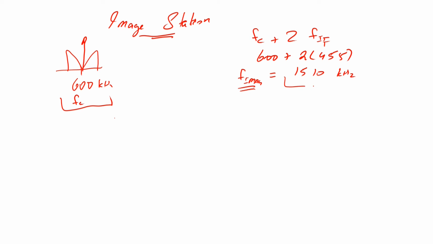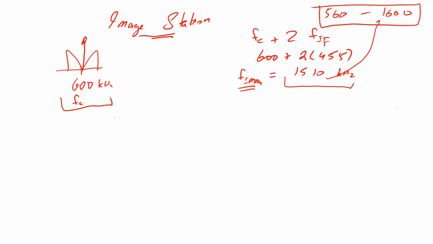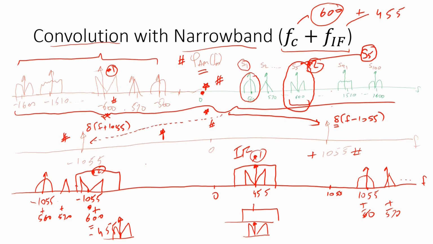So note that 1510 kilohertz is actually within the range of AM, that is from 560 to 1600 kilohertz. 1510 is within this. So what this means is, this station 1510, this would also come over here, right?